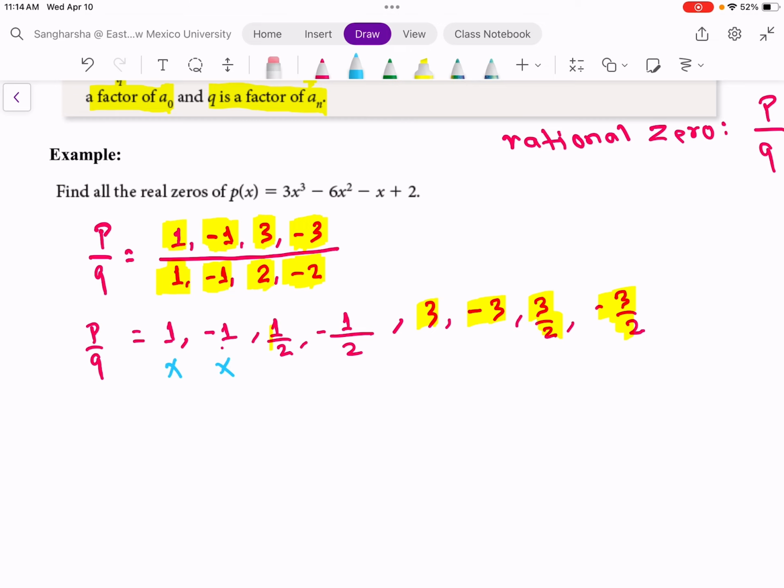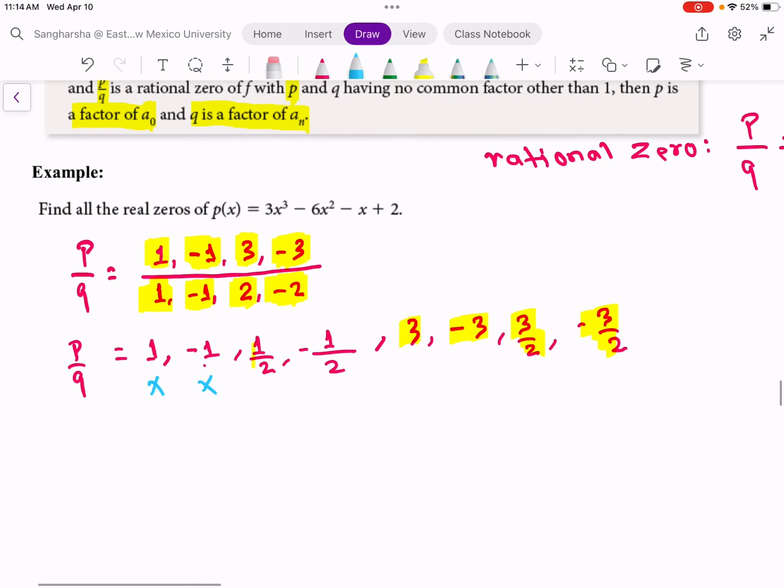Okay, so let's try other numbers here. Before fractions, let me use 3 and negative 3. That's easy here. So let's check whether 3 is a real zero or not. Let's substitute 3 for every x. So we have 3 times 3 cubed. 3 cubed is 27. 27 times 3 is 81.